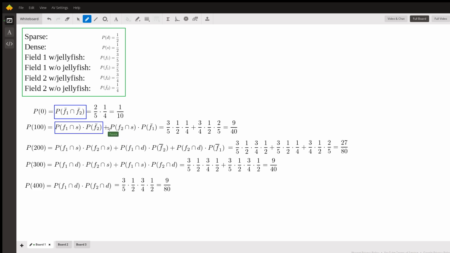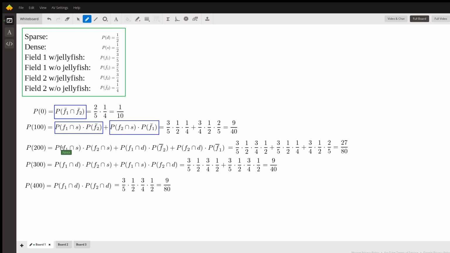Or means plus in probability. Or field 2 has jellyfish and it's sparsely populated, and field 1 has no jellyfish. Again, numbers just come from here. So there's basically 2 ways to make 100.